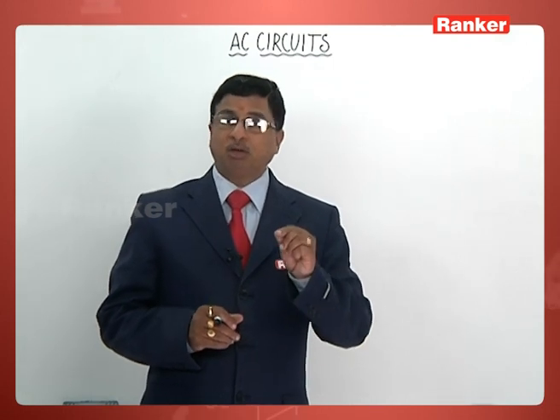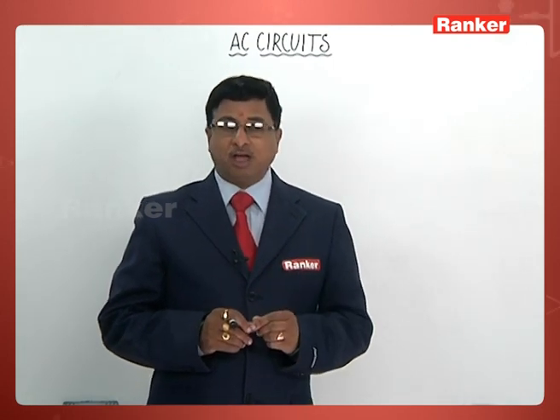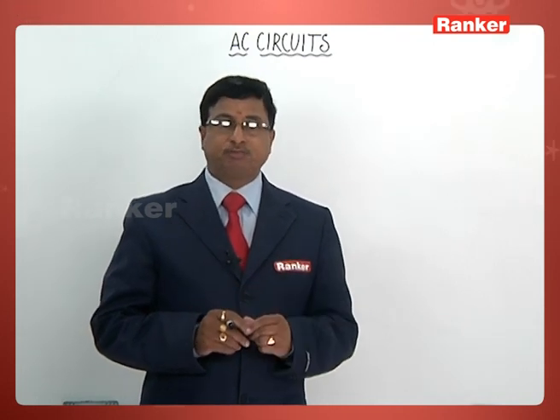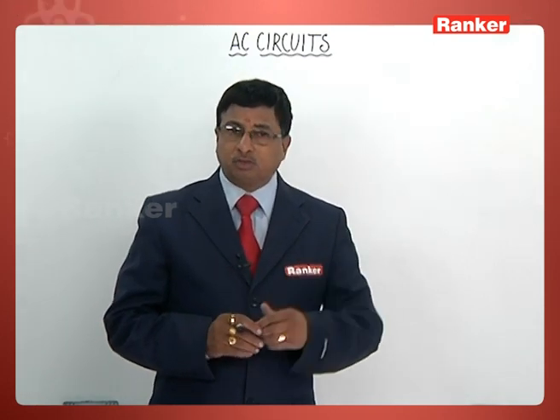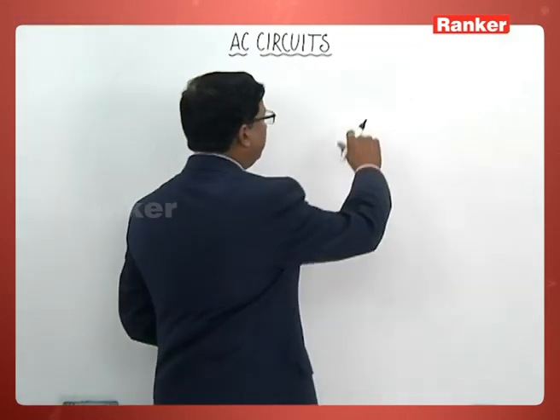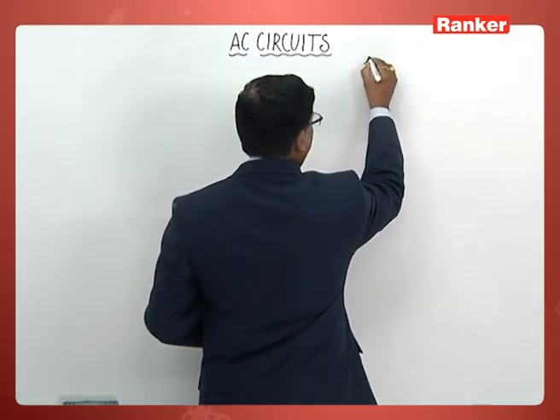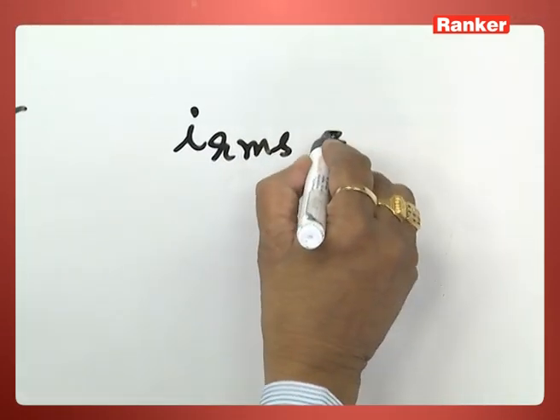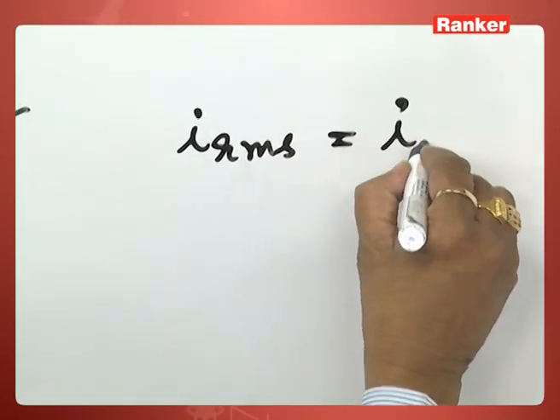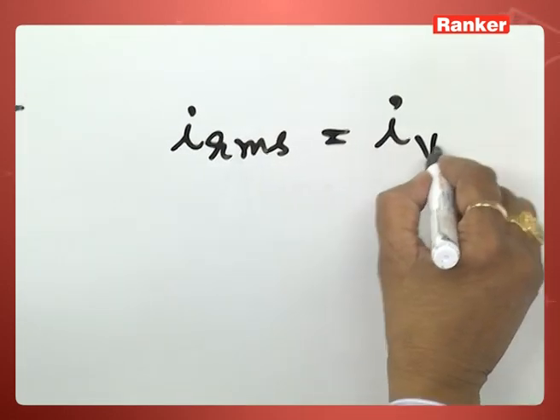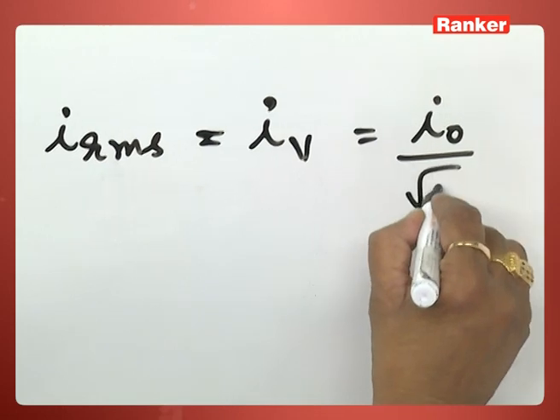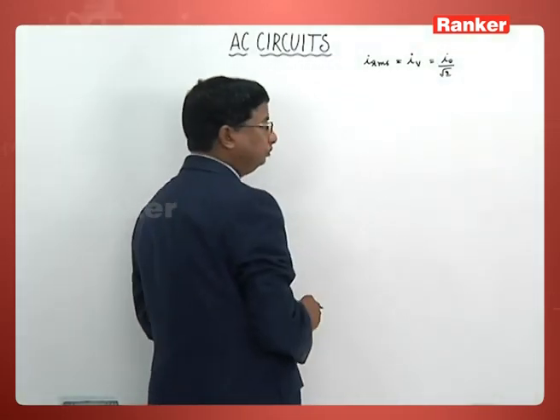So what is the RMS value of current and what is the RMS value of alternating EMF? Just recollect those two formulae as well. If I write here I RMS, in other words we can call it I V, V for virtual, that is going to be I naught by root 2.